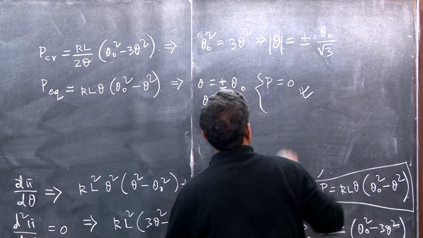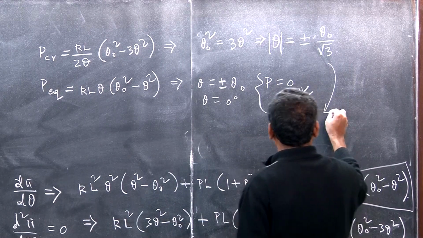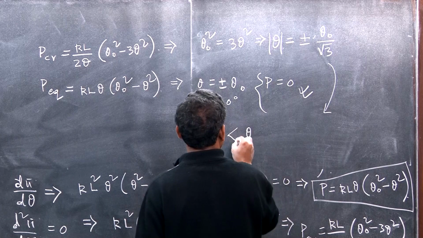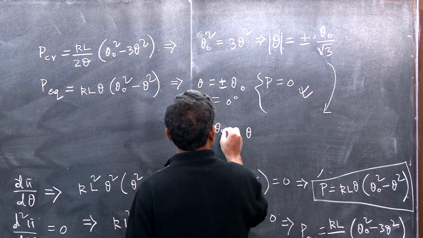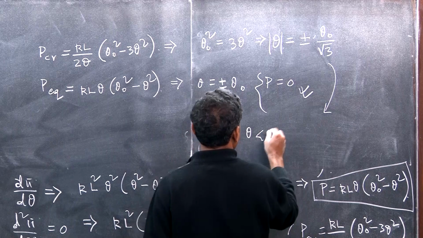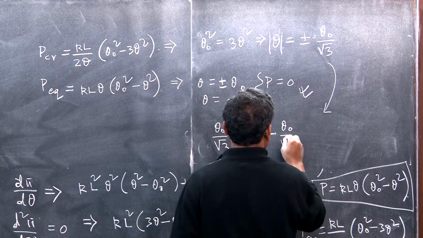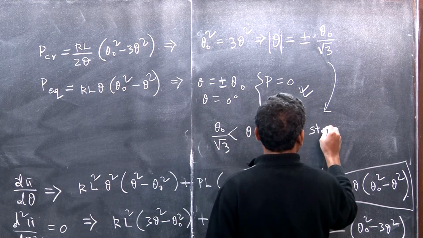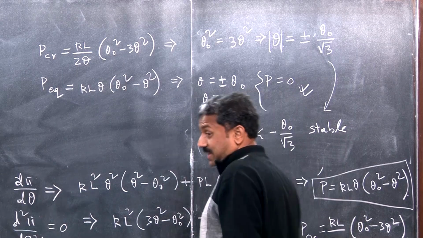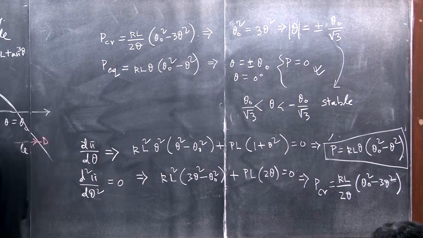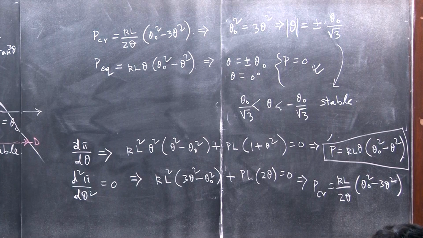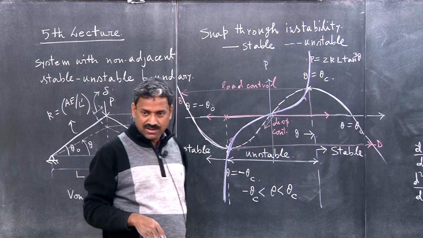Basically mod of theta. That means theta greater than theta 0 by root 3 or less than minus theta 0 by root 3, it is stable. Is it correct? No. Theta equal to theta c does not correspond to theta 0 by root 3, right?